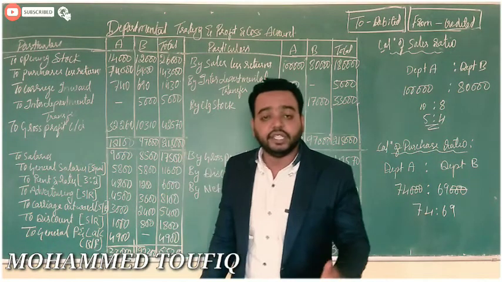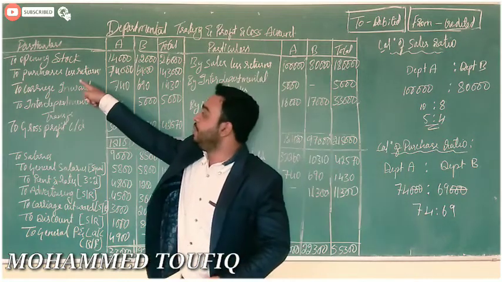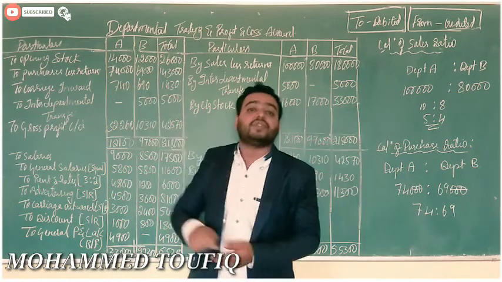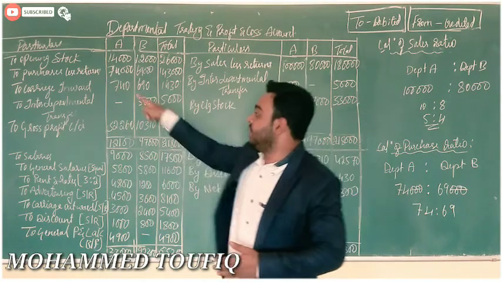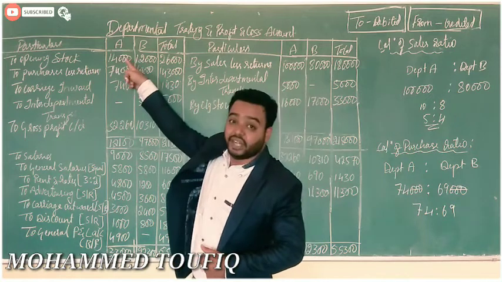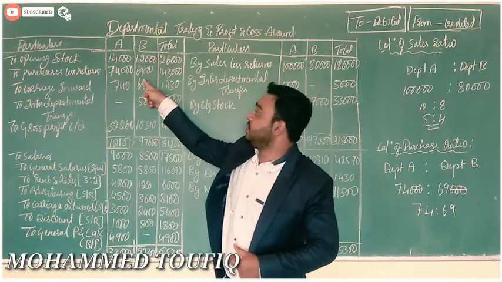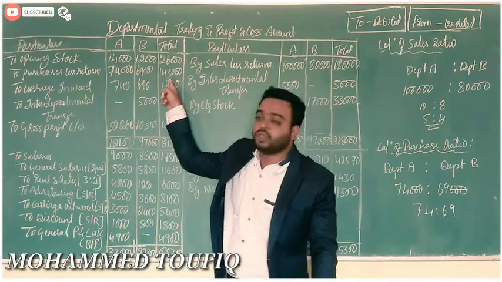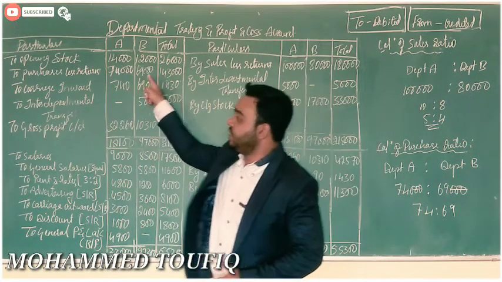If there are any returns, they are to be deducted from the purchases, so you write purchases less returns. The net purchases of department A is 74,000, the net purchases of department B is 69,000, and the total net purchases of both departments is 1,43,000, which we have written there.